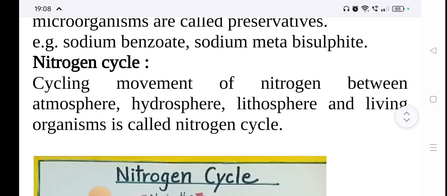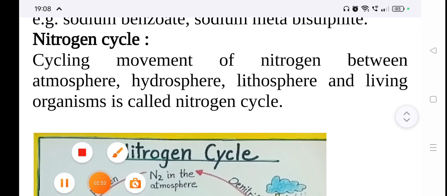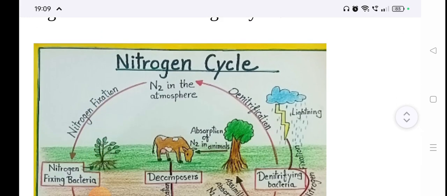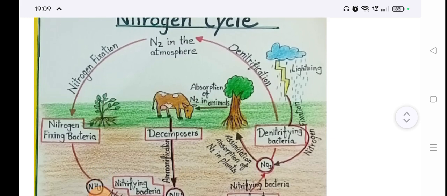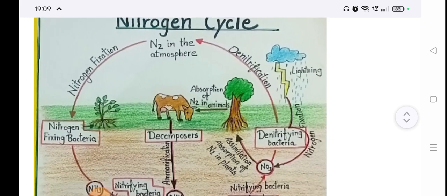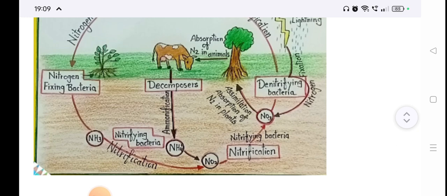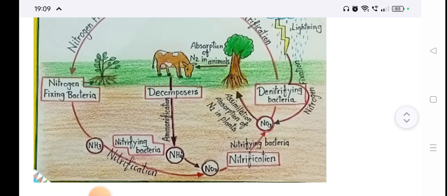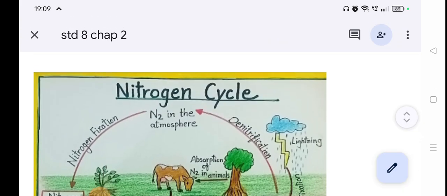Now see the nitrogen cycle. Cycling movement of nitrogen between atmosphere, hydrosphere, lithosphere and living organisms is called the nitrogen cycle. See the pictures I have shown you, the nitrogen cycle. Here, nitrogen in the atmosphere.